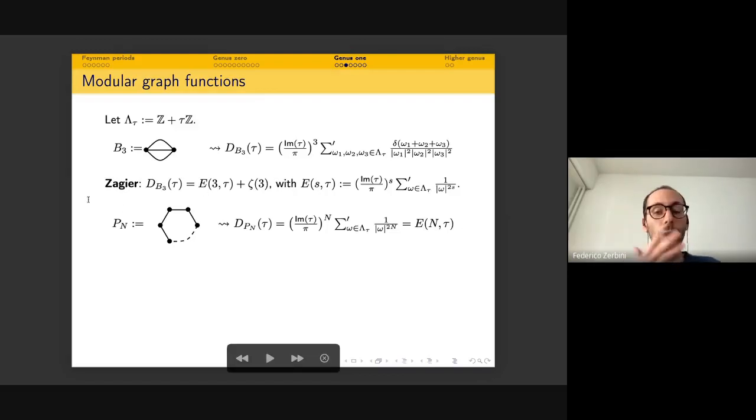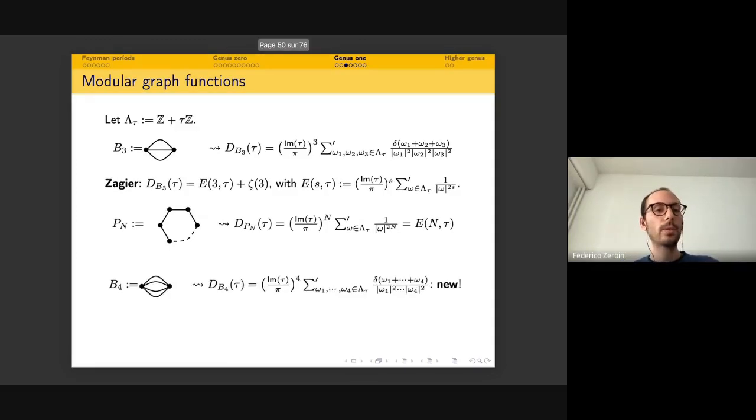Okay, but these are the only simple modular graph functions, let's say. They're the simplest ones, because as soon as you go a little further, so you have the banana graph B4 with 4 edges and 3 bananas. Well, you just write down the definition. It's the same as here, but now you have 4 edges. So you have these 4 contributions here.